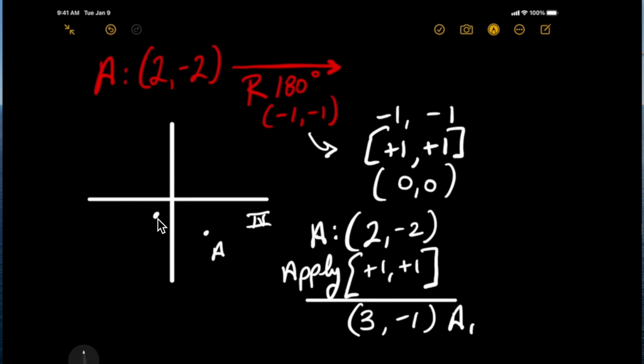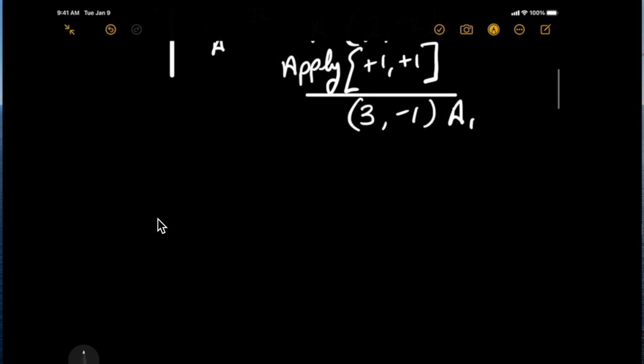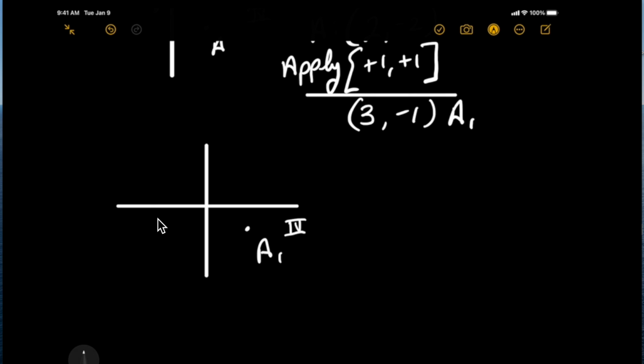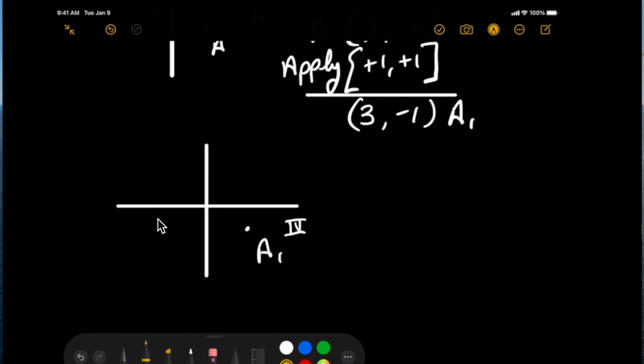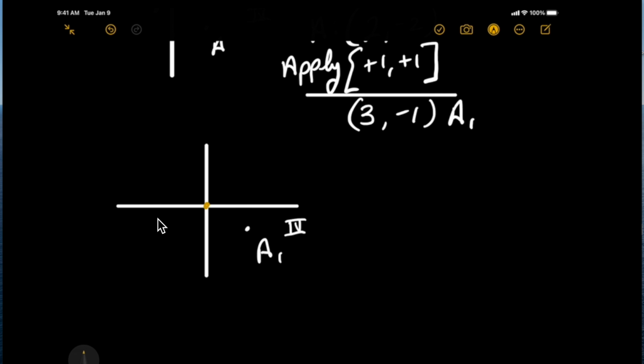Okay, so let's now go ahead and plot this new point and consider rotating it 180 degrees about the origin. A sub 1 is going to be in quadrant 4. We are now going to rotate about the origin. We're going to draw a line from a sub 1 to the point of rotation, and because it's 180 degrees, we're just going to keep going. This is going to be my a sub 2.